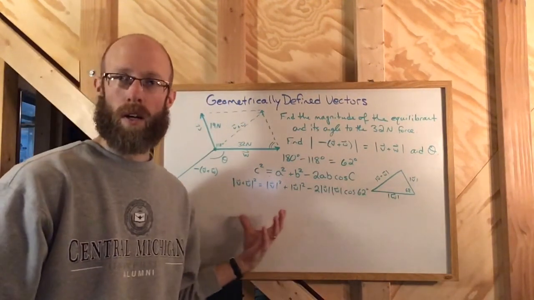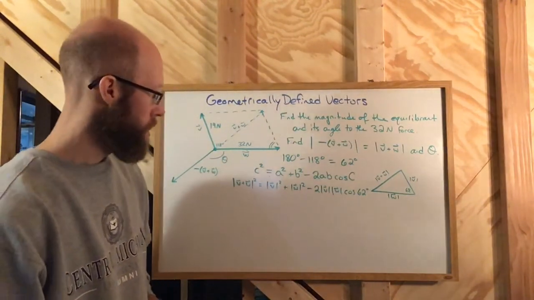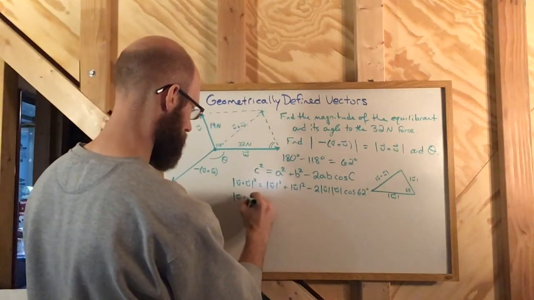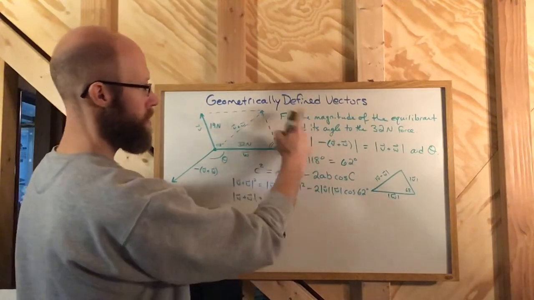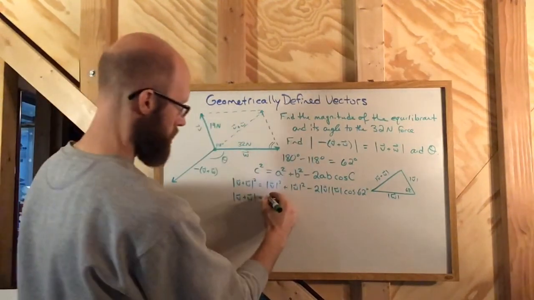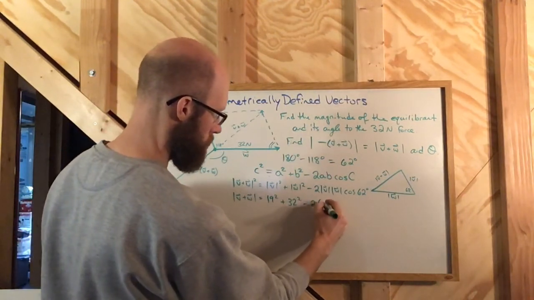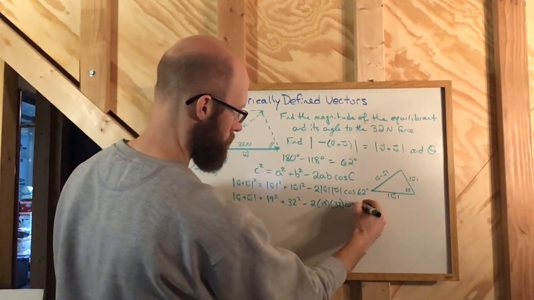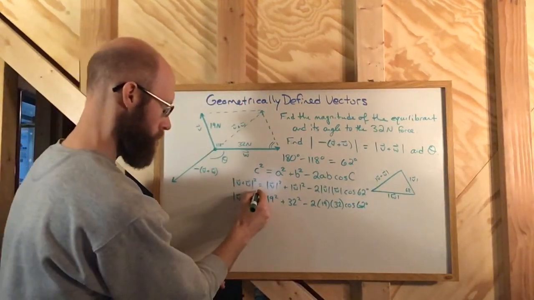And then I just plug everything in that I know. So magnitude V plus W, magnitude of V is known to be 19, so it's 19 squared plus 32 squared minus 2 times 19 times 32 times the cosine of 62 degrees. Oh, and I need to square that magnitude.